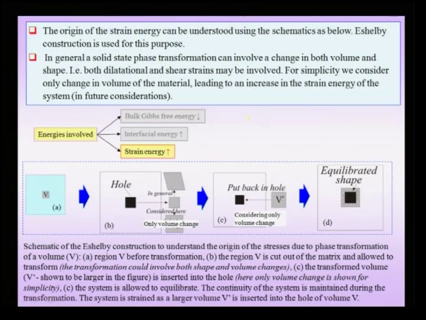Typically, we can understand the strain energy term by considering what is known as the Eshelby construction. And of course, I have to note that in general, if I am talking about a phase transformation, the product phase may have a different volume and a different shape as compared to the original matrix phase, and therefore, both dilatational and shear strains may be involved in a phase transformation.